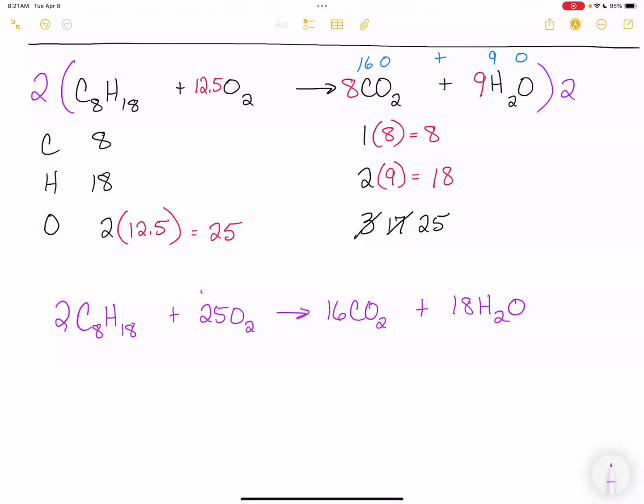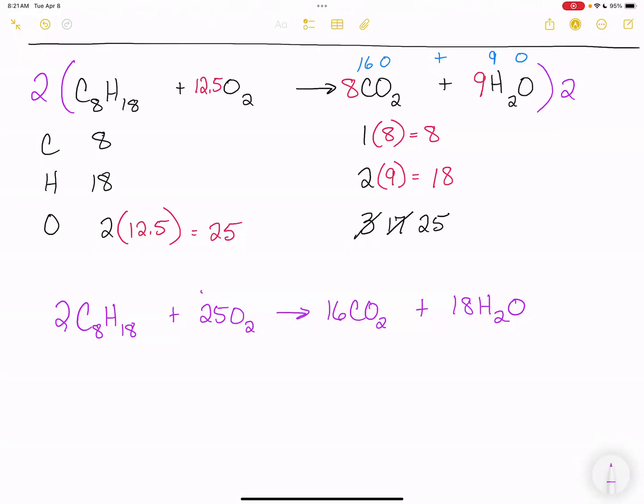This is the toughest type of balancing chemical equations I'm going to give you. But as I mentioned on Thursday, balancing chemical equations is a lot like a puzzle. I can give you hints, I can give you places to start, but it does come down to you just doing them.